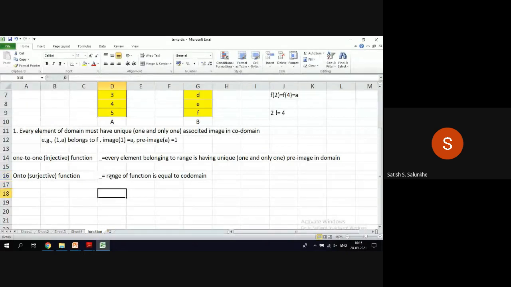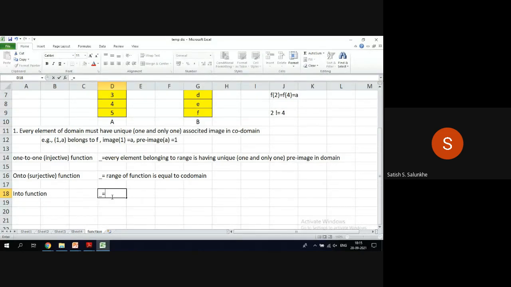Fine. There is one more type of function that is called an into function. A function is called into if there exists at least one element of B, at least one element of the codomain, which does not have any pre-image in the domain.